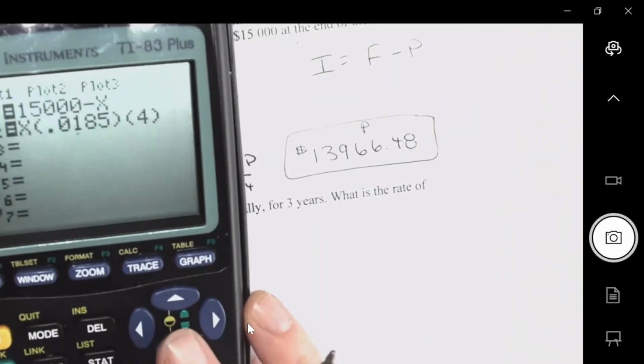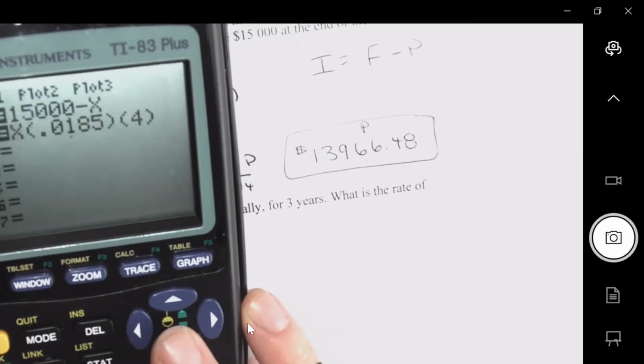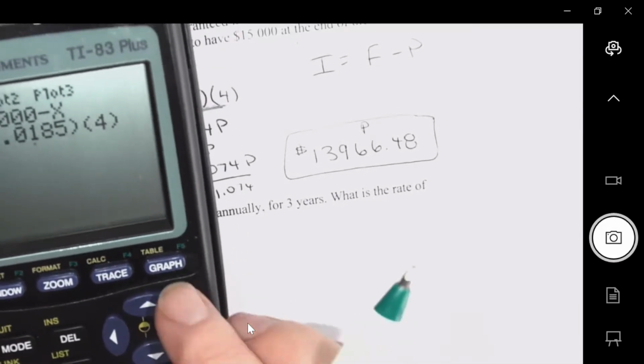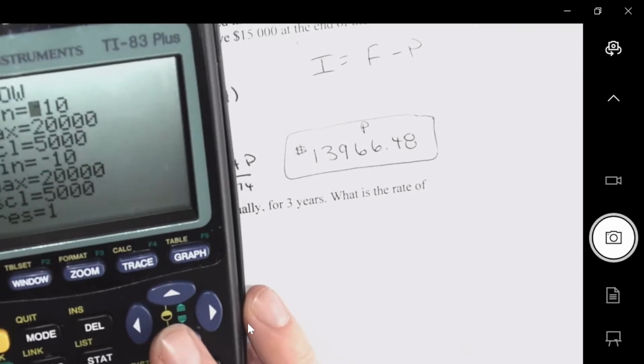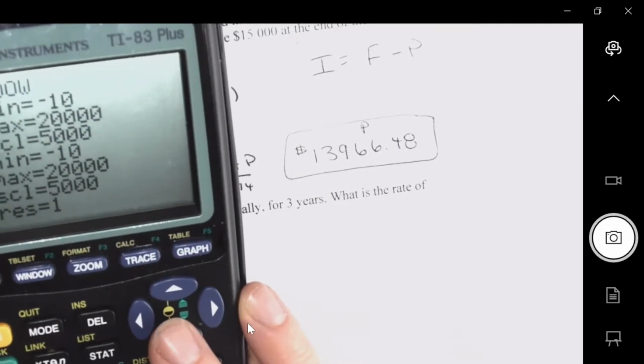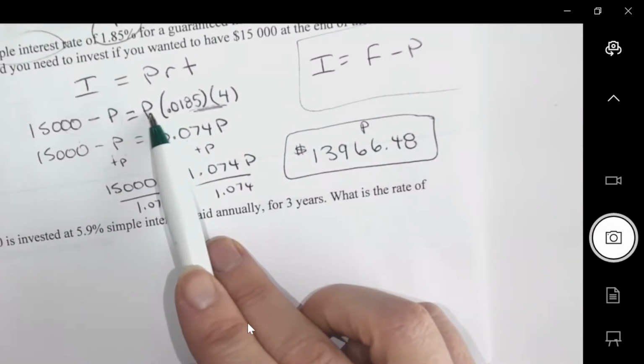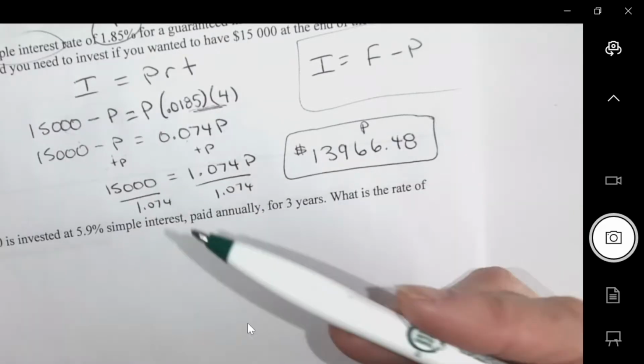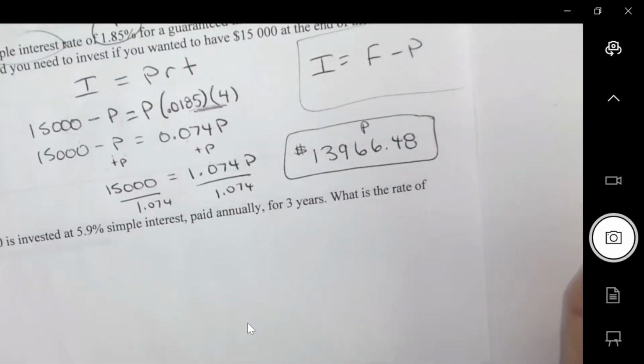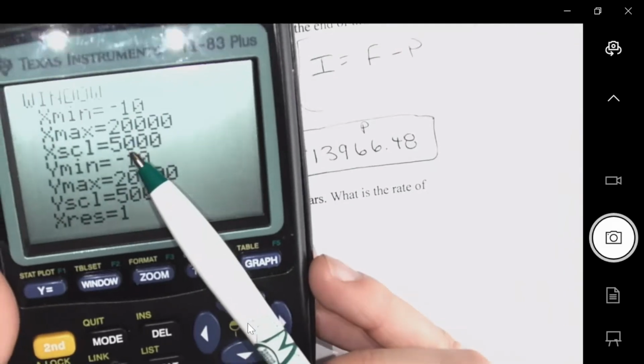Okay, I did the applied way. I put y1, y2, exactly how I saw it. I did my window pretty crazy because the p variable is the x, which is the principal amount of money. So I knew I would have thousands of dollars to start with. So my x was thousands of dollars.